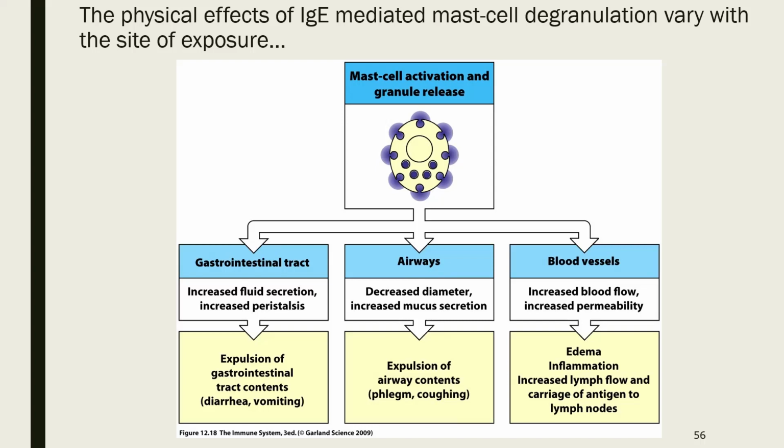Airways usually relate to decreased diameter, bronchoconstriction, that would be the term, and then increased mucus secretion, leading to symptoms of having a lot of sputum and coughing. You can't breathe very well. Blood vessels usually lead to increased blood flow, increased permeability, so you have a little bit of edema, inflammation, feeling warm. That is also a type of symptom.